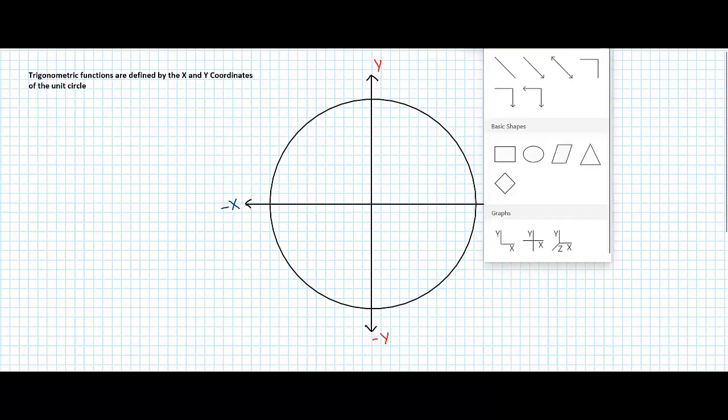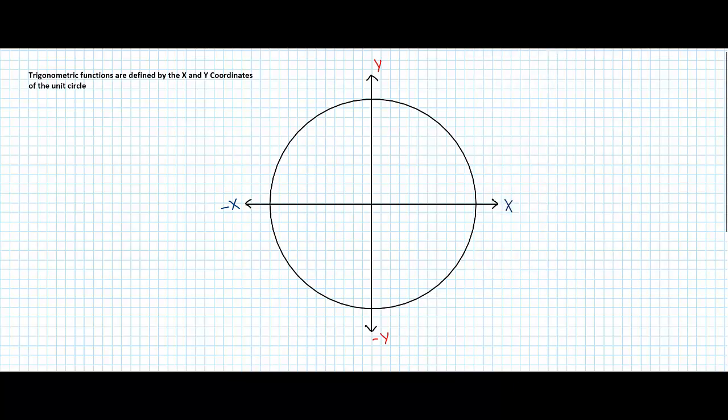Now let me draw a line real quick. Okay, and let me label the points. The origin is called O, and the point where this line intersects the arc of the circle is called A. Okay.